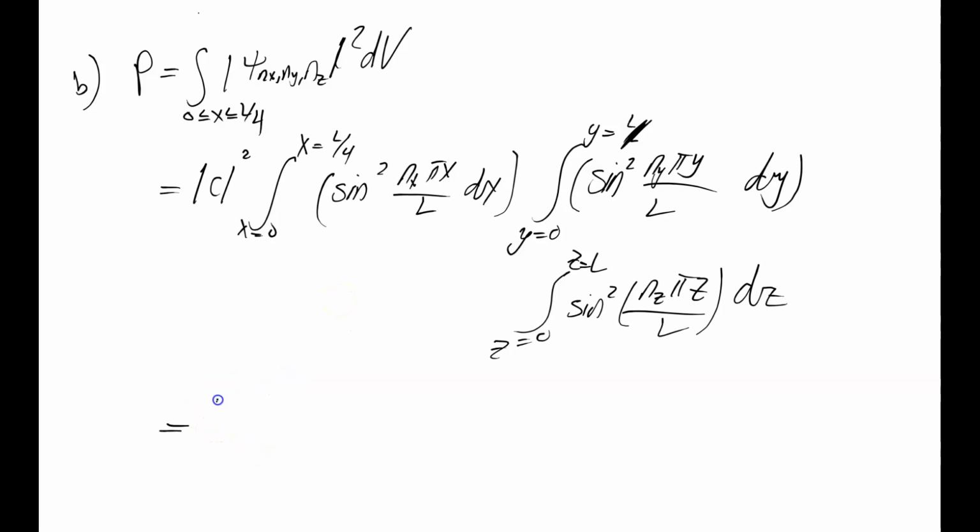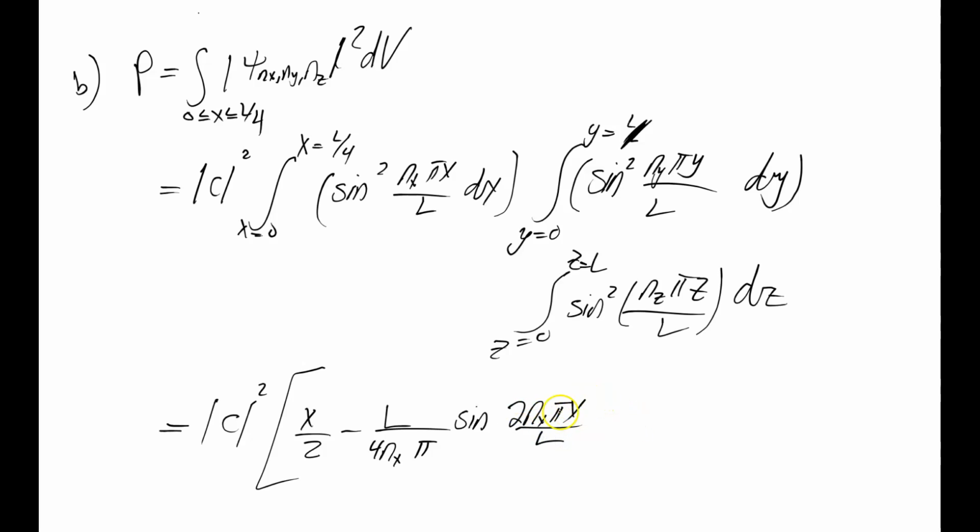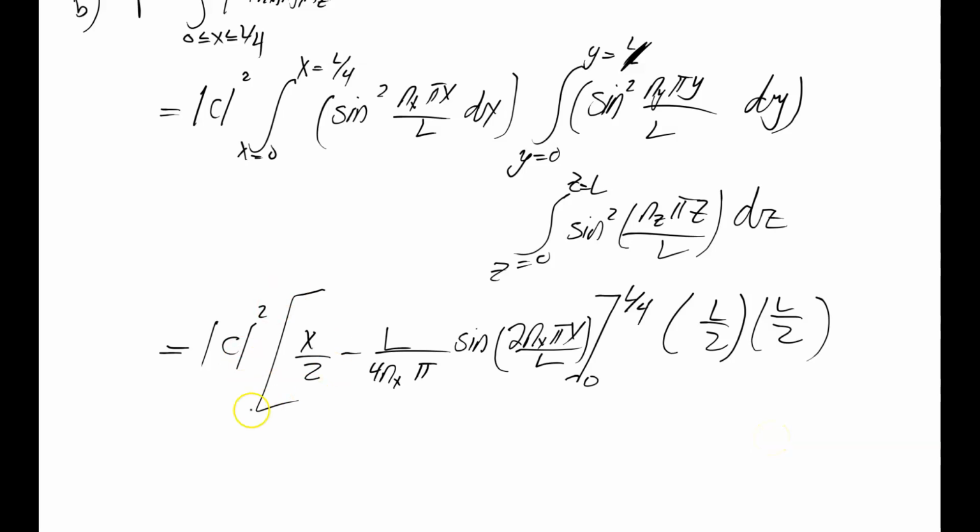It's going to be c squared times x over 2 minus L over 4 n_x pi sine of 2 n_x pi x over L, evaluated from 0 to L over 4, times our L over 2 for the y integral, L over 2 for the z integral. And now we know what c squared is.